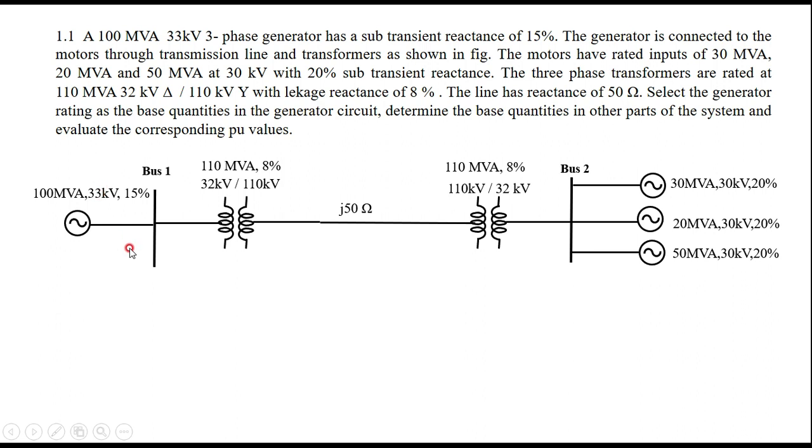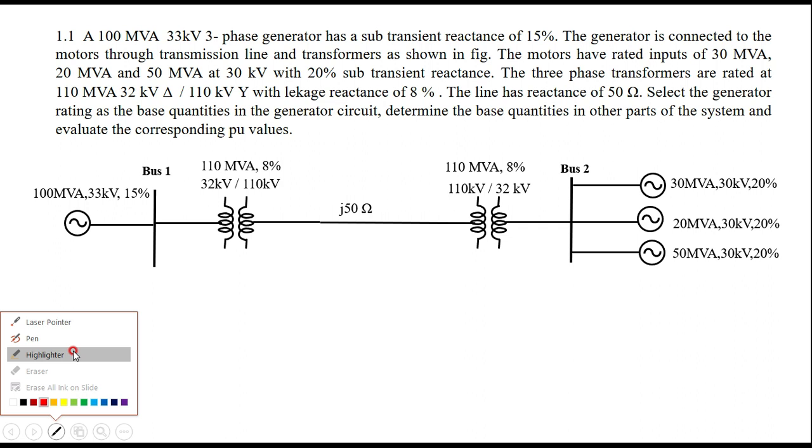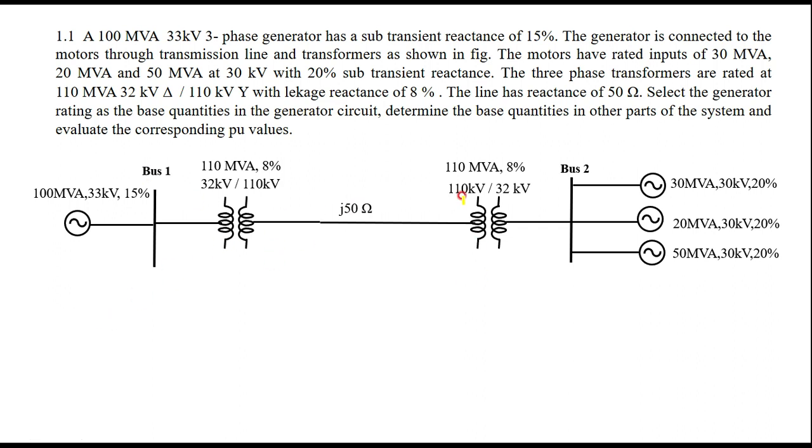Then the next step in solving the problem is what is given. You can look into the statement here: select the generator rating as the base quantity in the generator circuit.